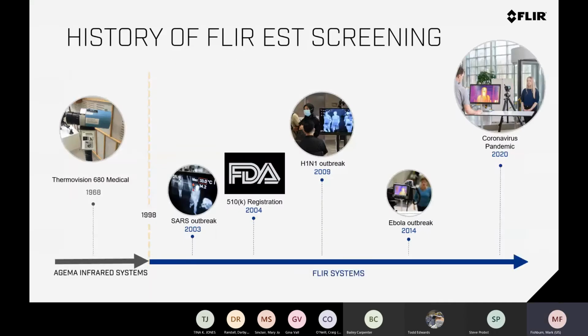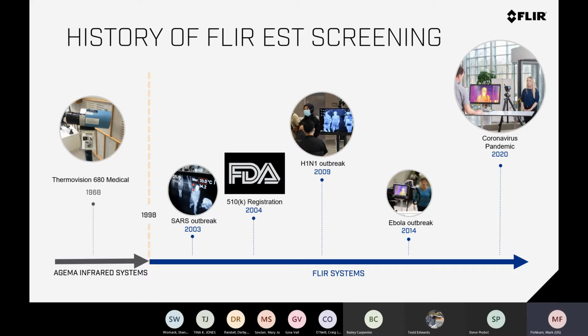So a quick history on the FLIR cameras. Unfortunately for the world and for FLIR, this isn't the first outbreak. We've been dealing with infrared cameras in the medical industry all the way back to 1968 with the AGEMA infrared systems, which got purchased by FLIR. All of you know, obviously, about the SARS outbreak.